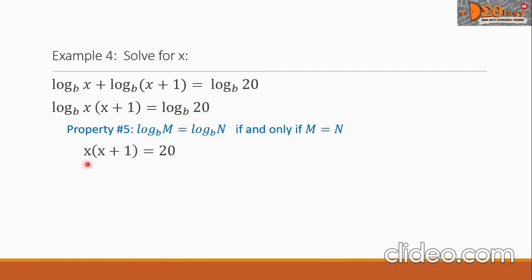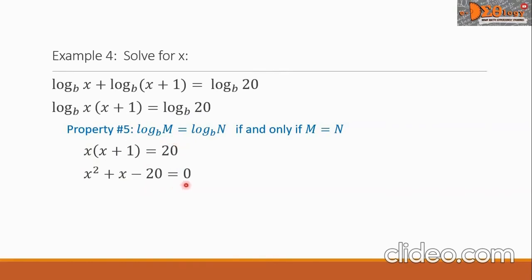We will distribute this x to each term of the binomial. So x times x is x squared. x times 1 is positive x. Now, for this 20, we're going to transpose it to the left side of the equal sign, and the positive 20 becomes negative 20.